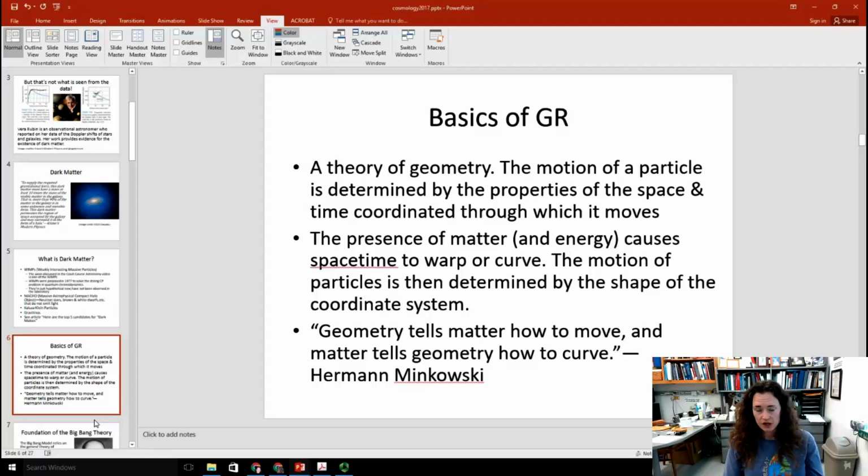So for example, if you have a massive star or a planet, then it warps the fabric of space-time, locally curving space-time in towards it, and then anything around that planet or star follows the curvature, and that causes a gravitational attraction between particles with masses. Okay? So the famous quote from Minkowski actually says, "Geometry tells matter how to move, and matter tells geometry how to curve." It's a very beautiful statement of the theory of general relativity.